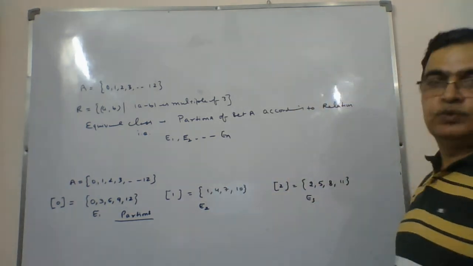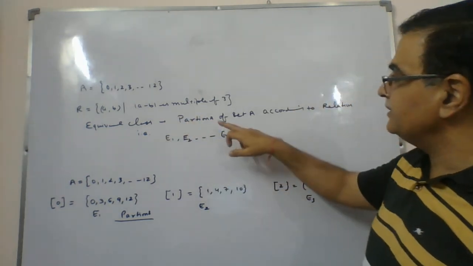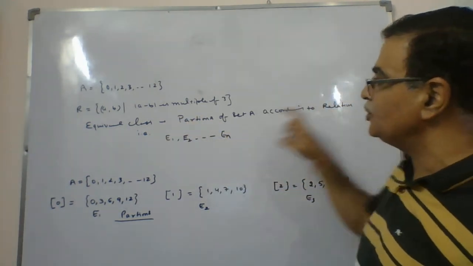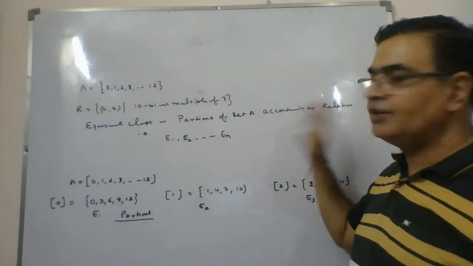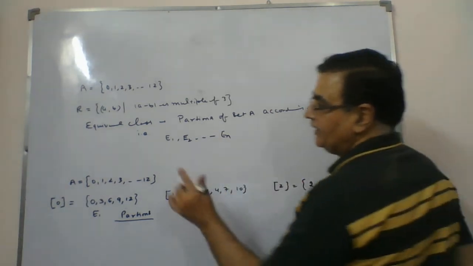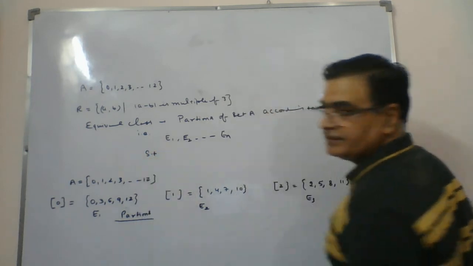How many? We don't know. Equivalence classes are simply partitions of set A according to the relation, that is E1, E2, E3, En. What conditions do they satisfy?